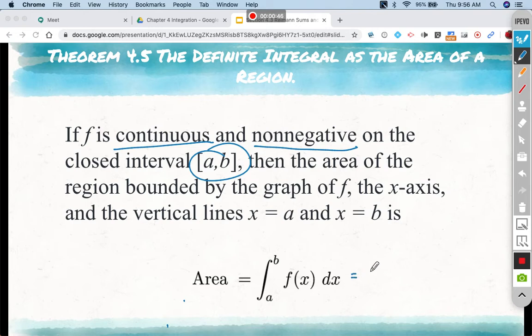And we said we can find that by taking the limit as the norm approaches 0 of the Riemann sum, which was the sum from i equals 1 to n of f of c sub i delta x sub i. So that's one way we use this definite integral. Let's give this a try.